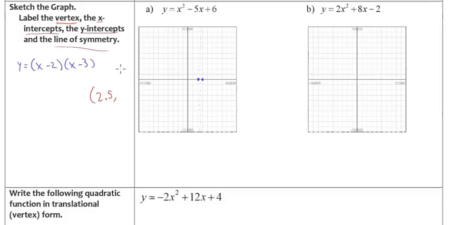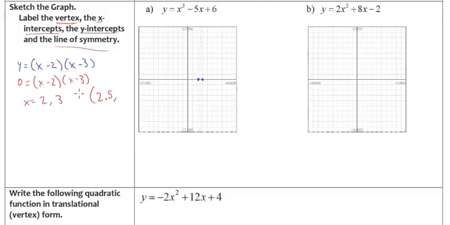That's our x value. Now, how do we actually find out what the y value is? And so, sorry, again, the roots would be where y is equal to 0. And so 0 equals x minus 2 and x minus 3, meaning the roots were at 2 and 3.